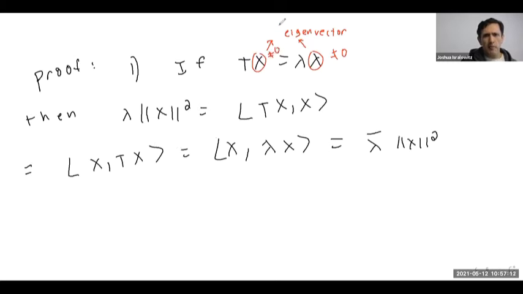So you just divide by the norm of x squared. So that gives me exactly what I want. Well, lambda bar equals lambda, and hence lambda is real. Okay, so yeah, eigenvalues have to be real. Nothing too surprising there.